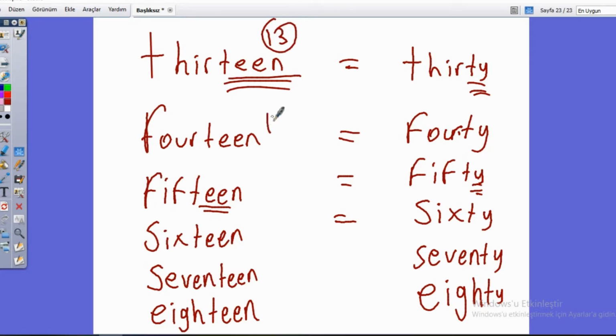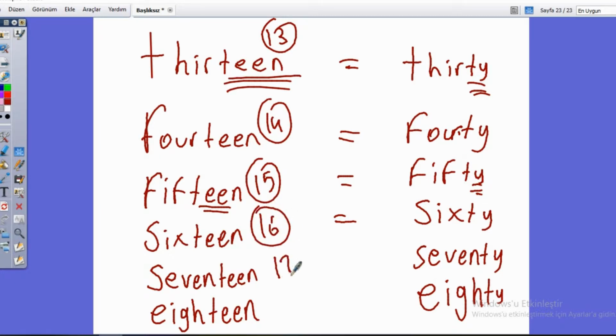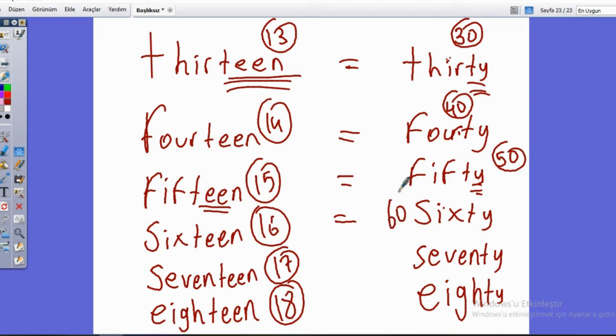13, 14, 15, 16, 17, 18. This one is 30, 40, 50, 60, 70, 80.